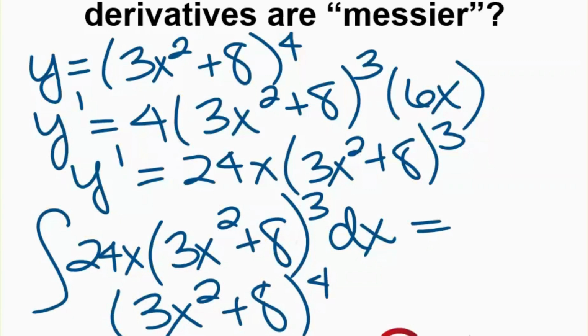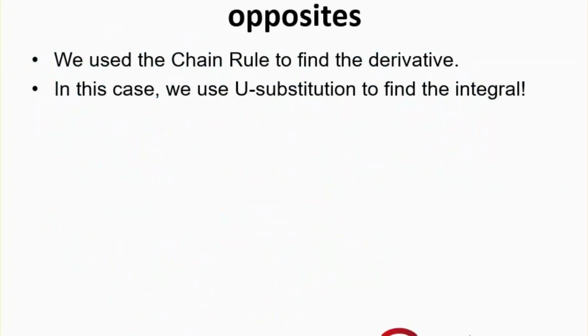However, you probably would not naturally see that. In order to find that antiderivative, we would have to use U substitution. The chain rule and U substitution are opposites. So if you used the chain rule to find the derivative, we'll have to use U substitution to find the original, or the integral.